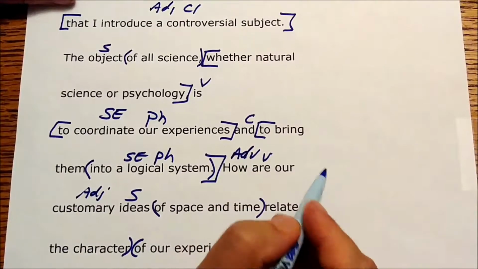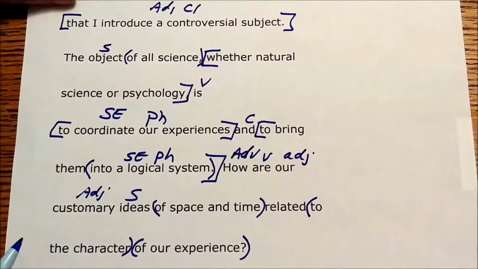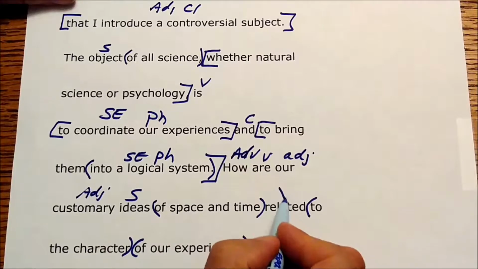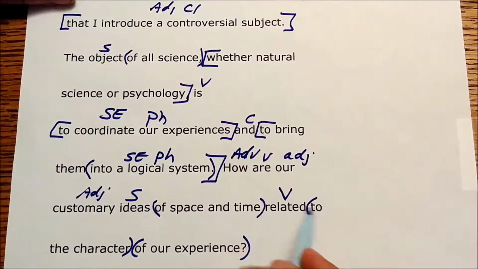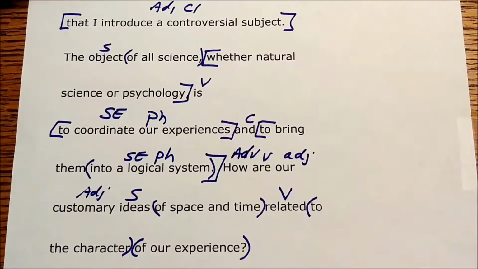Are is the verb. Our is an adjective describing ideas. Are related, we have a two-part verb here, and the rest of these are prepositional phrases. So you can see the basics are here, just like in other sentences we've taken a look at.